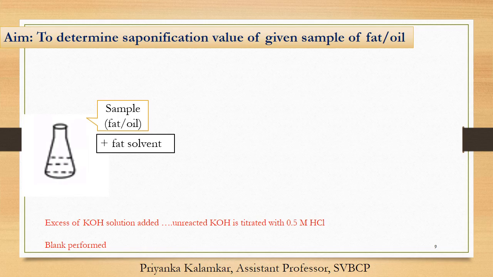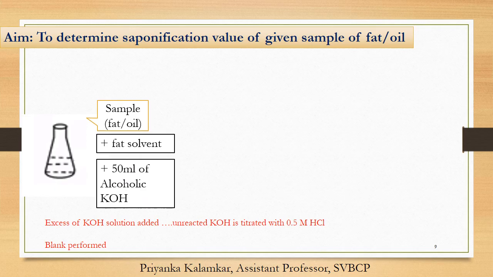Then you add fat solvent to dissolve that sample. Then you add 50 ml of alcoholic KOH to the conical flask. We add 50 ml of alcoholic KOH because you are adding it in excess amount to carry out the saponification of fat.